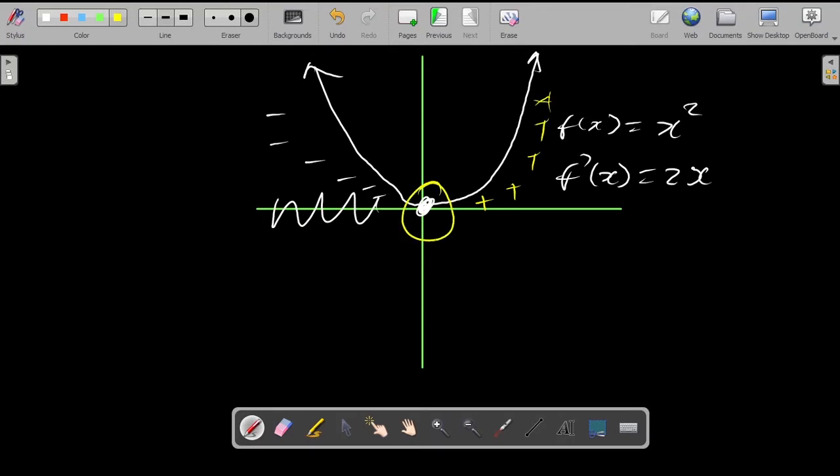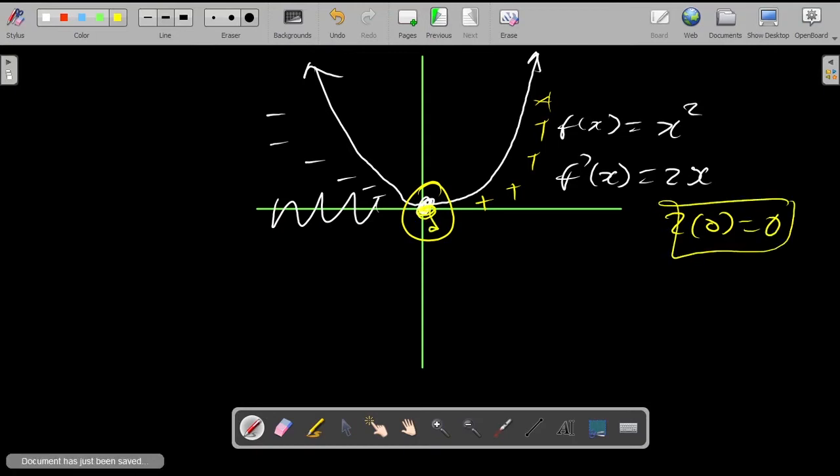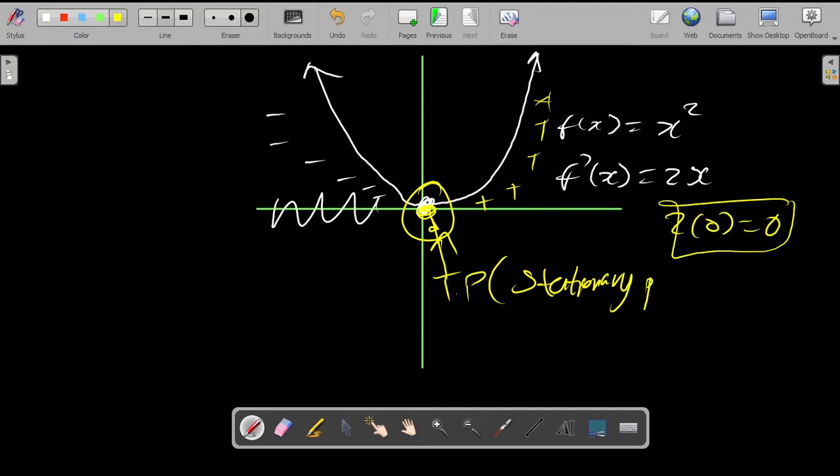But at this specific point, which is 0, if you substitute 0, you're going to get 0. And that is where you have your turning point, and this is your stationary point. So basically, a stationary point is just a point where you have a derivative of 0. That is basically how you'd go about doing that.